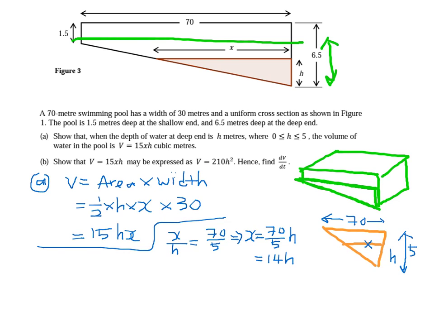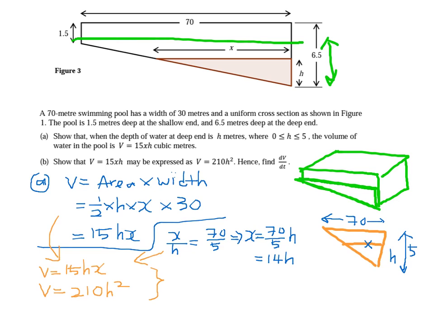And because of this, using this relationship, V is 15hx. But then again, because x is equal to 14h, we end up getting 210h squared, which is really what we were asked to show.